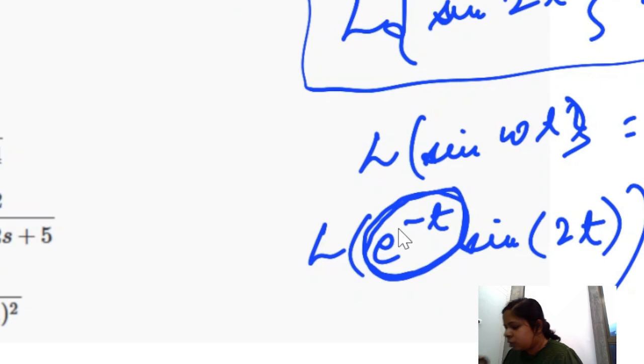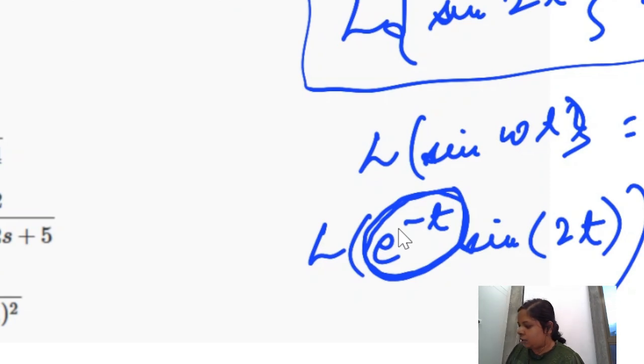So it is a general rule: there is a sine function whose Laplace transform you have memorized. Now you know the Laplace transform for this. Now what you do is you multiply it by a term, and where would that multiplication be affecting you?